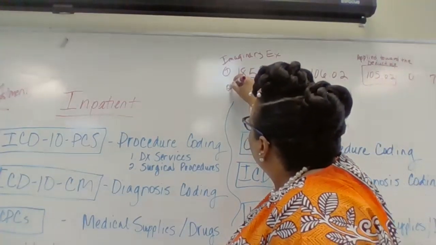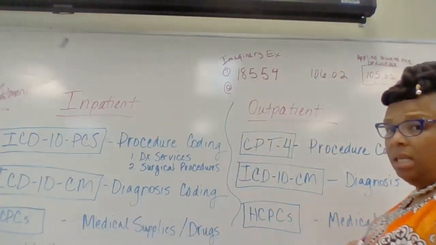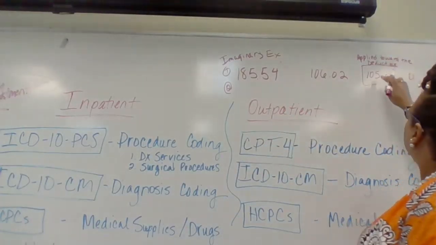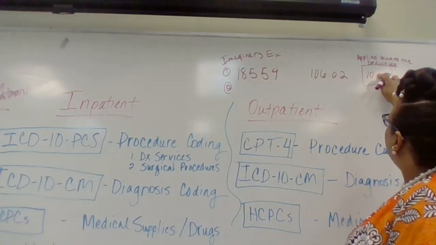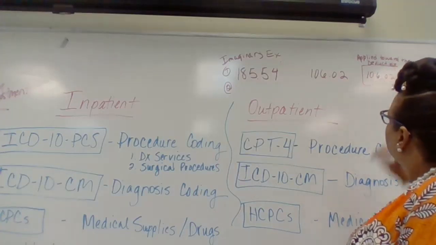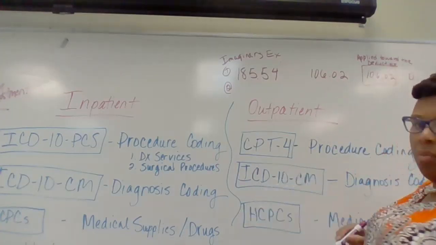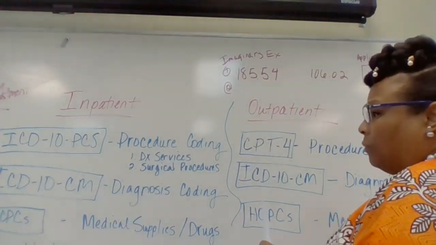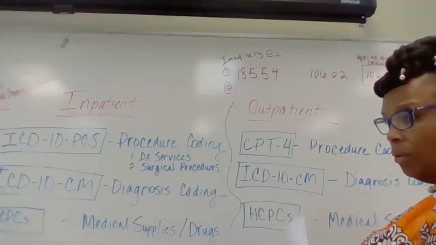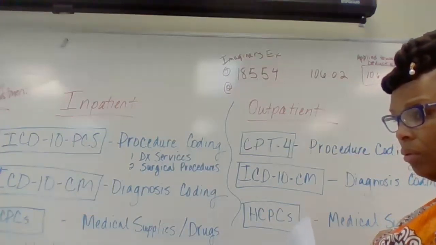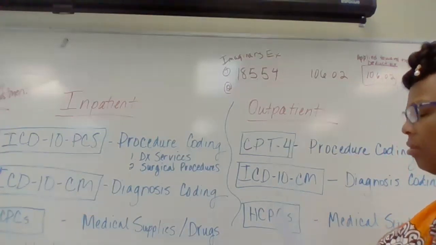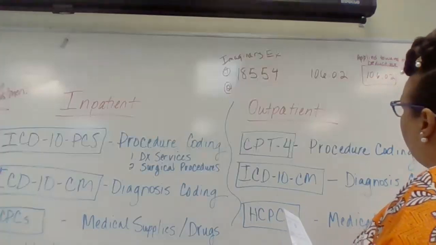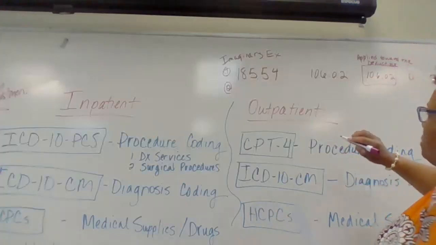Maybe the 106. It should be the 106. That's what I was thinking, instead of 105, but it looked like a 5 on here to me. So we'll make it 106, so that way it makes more sense. It's just that the 6 is smaller. Okay, now, this remains the same.